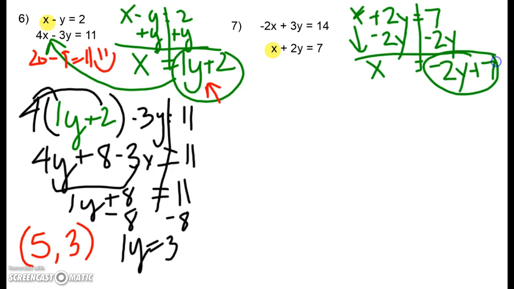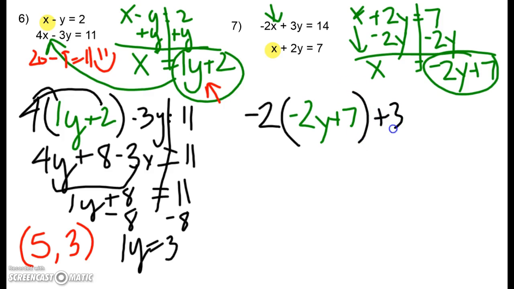Now I can take this whole thing and plug it right there. So I go in and I write the original, minus 2 times negative 2y plus 7 plus 3y equals 14. Draw my line down.